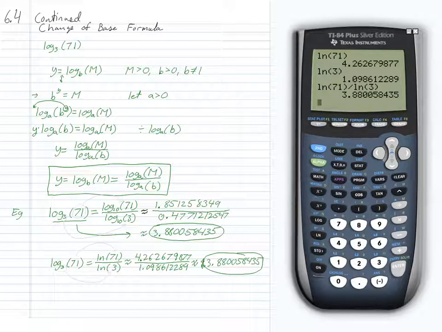So it does not matter what new base you choose, as long as everything makes it to where it's supposed to go. The argument goes into the numerator log, the old base goes into the denominator log. You can see that in both of these examples.